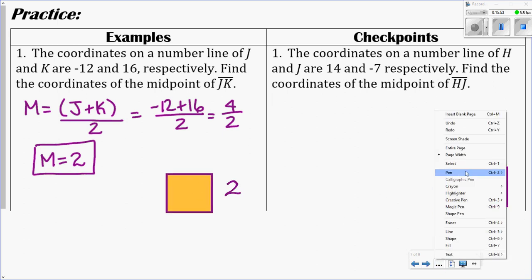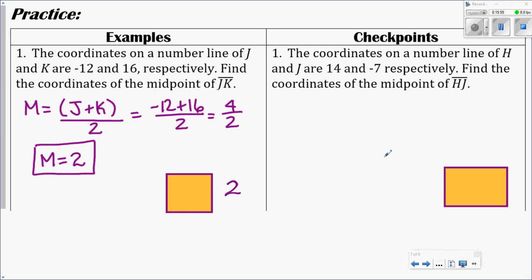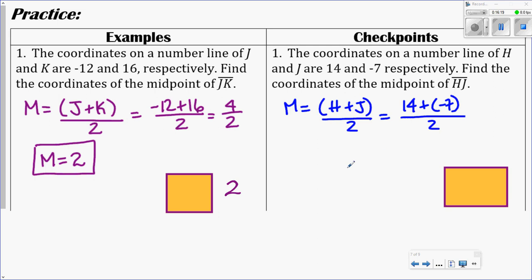Next one. It says the same thing. You've got a number line. You've got h and j, 14 and -7. Find the midpoint of h, j. So we use the formula again. I'm going to use the letters that they gave. H plus j over 2. Got 14 plus -7 over 2. Don't forget that negative. And then we continue.